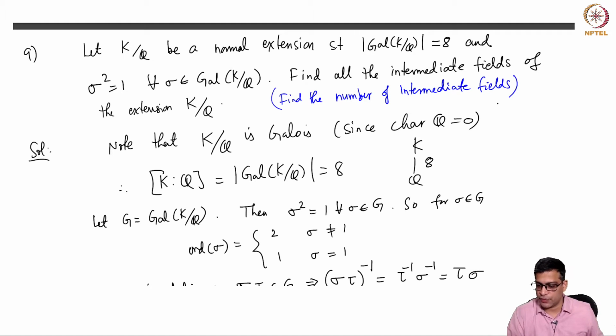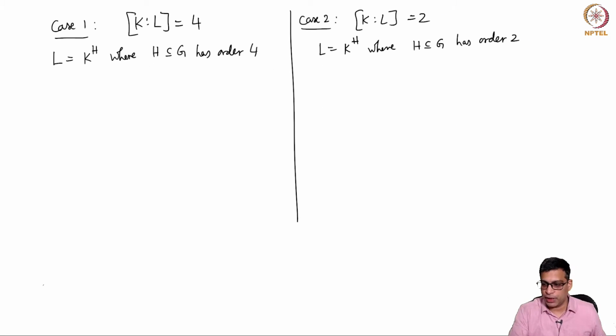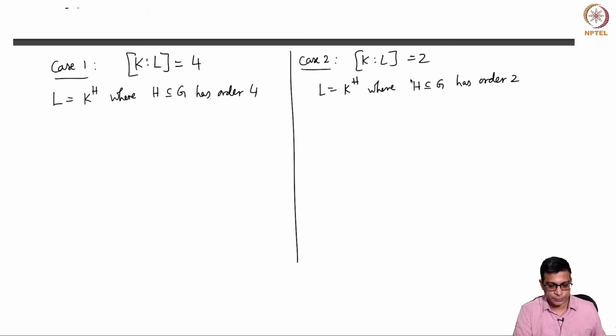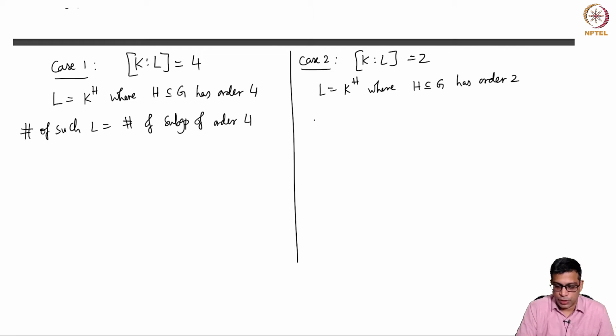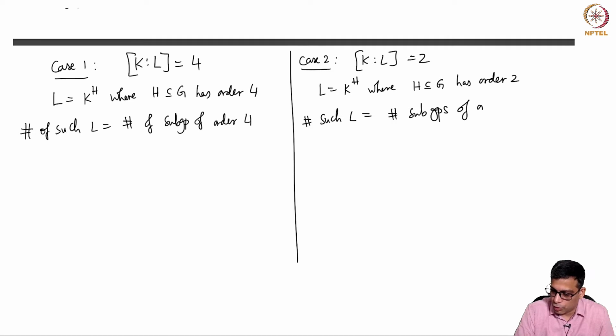So really the question is to find the number of intermediate fields. So the number of such L is the number of subgroups of order 4. And the number of such L here is the number of subgroups of order 2.